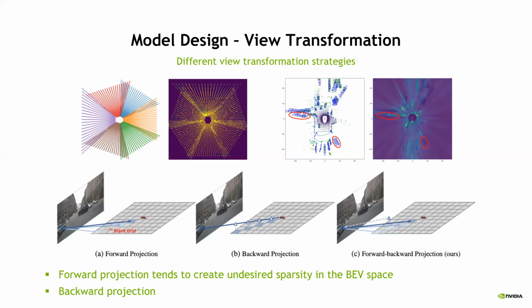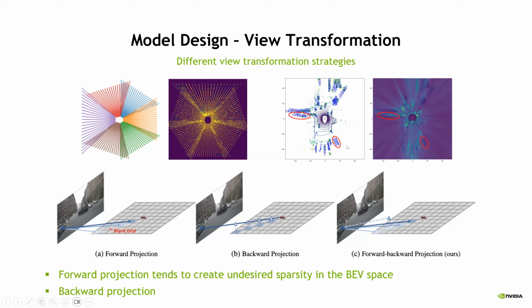But the problem is, as you start from a query and back project into the camera domain, you don't have a sense of these depths. That is why you start to see ray-like heat maps emerging in the BEV features, and that causes a problem.